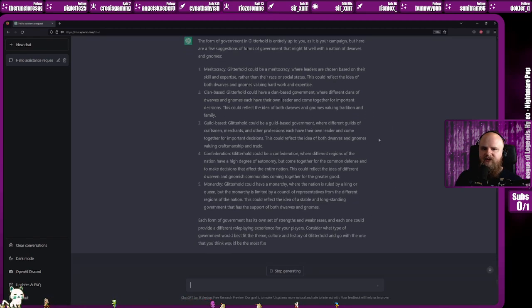Clan-based, where different clans each have their own leader and come together for the important decisions. Guild-based, where guilds of craftsmen, merchants, and other professions have their own leader and come together for important decisions. Confederation or a monarchy.